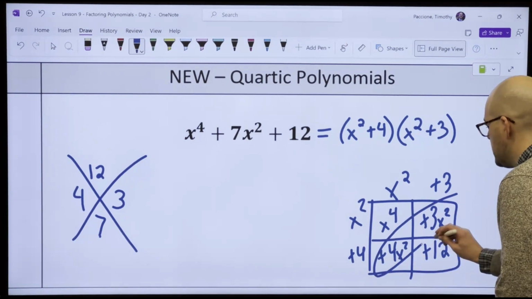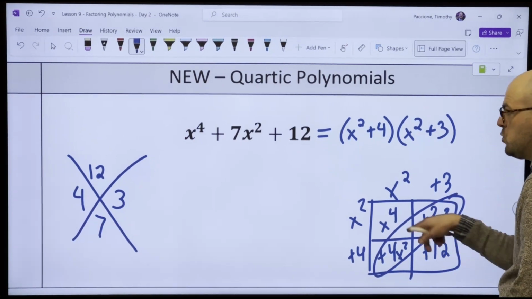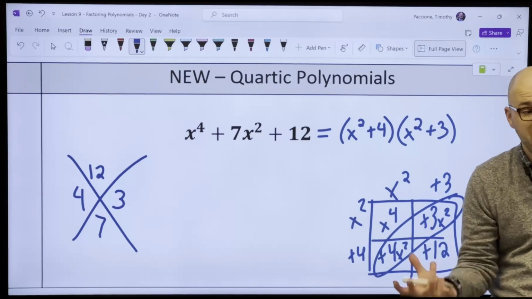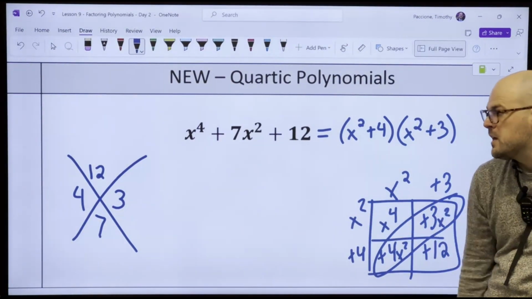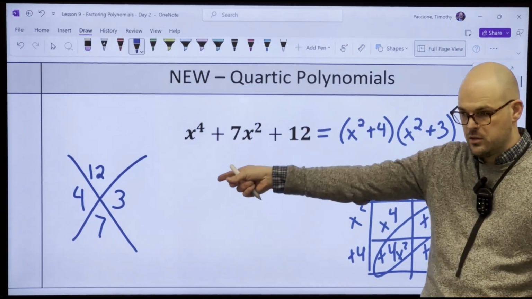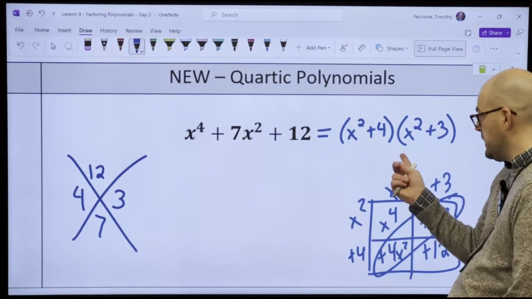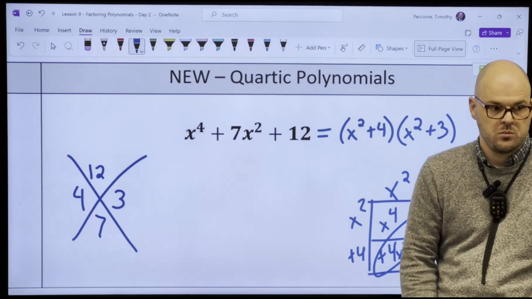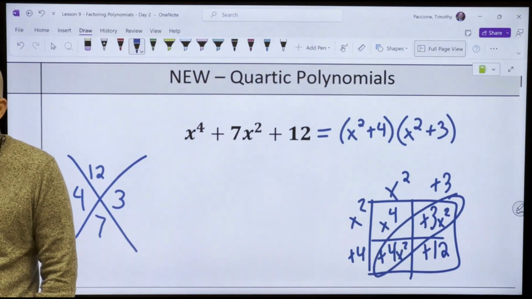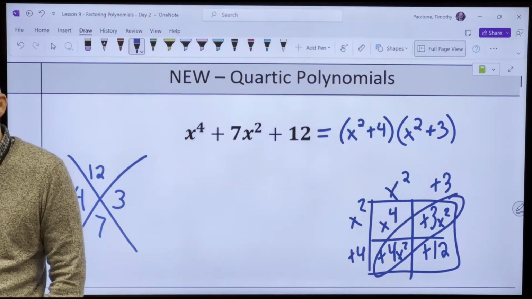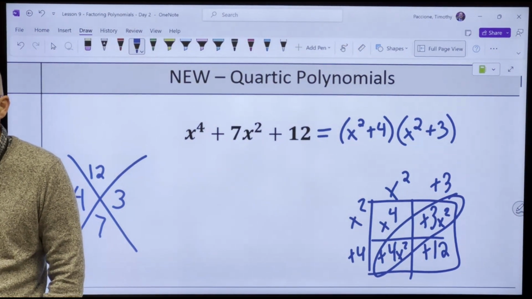This is my 7x squared, 4 plus 3, and then 12 is my 12, right? So we need those x squareds if we want to be able to ever get back, right? If this is our journey and we want to be able to return, we need to properly put in the right pieces. Okay? All right, so does that make sense? You're using magic x, but you have to use x squared. Biggest mistake is to just put x, right? That would change the equation.